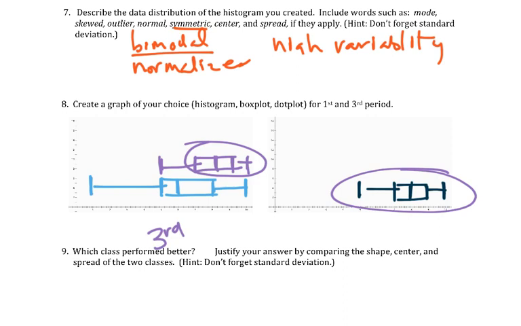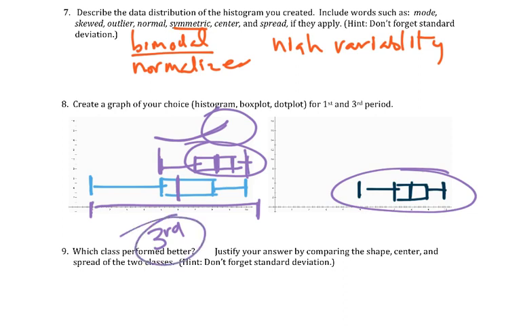It's more skewed to the left, which means all our data is to the right, whereas this one's a little more uniform. This one's spread out a lot further than this one. That's another reason. Higher median. So for all of those reasons, it would be the better class. All right, so there we go.